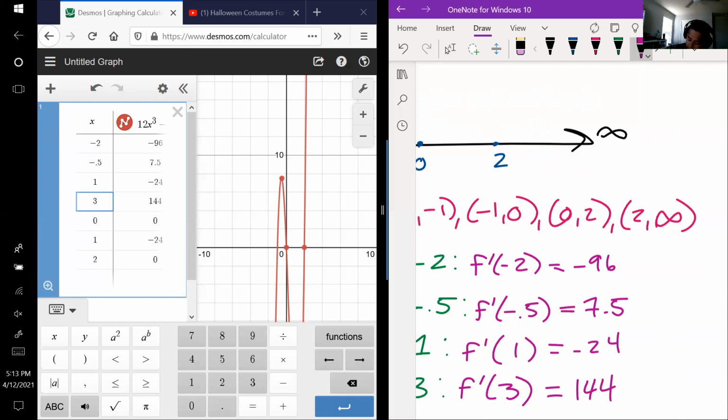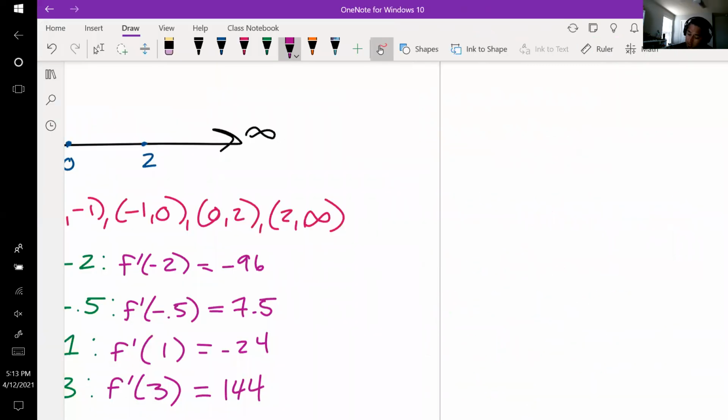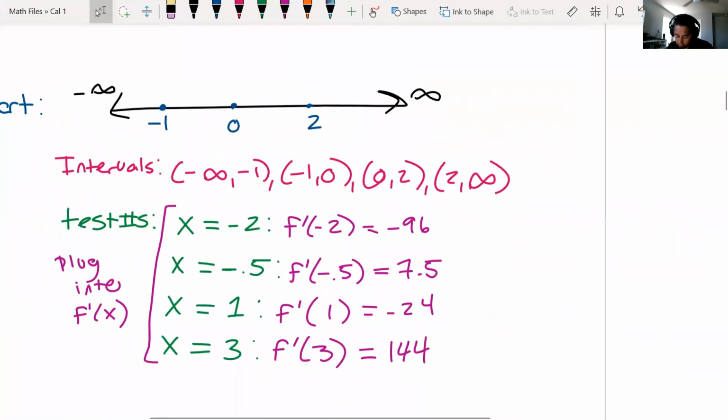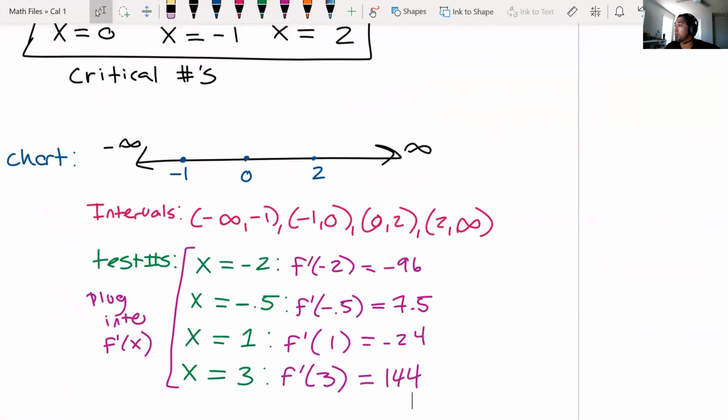Okay. So back to the notes. All right, let's talk about what we have. So we are testing these numbers into the first derivative to create the rest of the sign chart. The output is going to tell us whether we're increasing or decreasing.